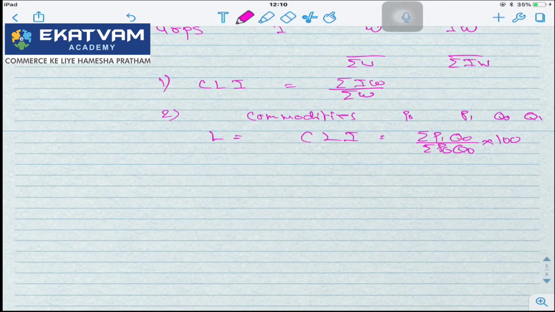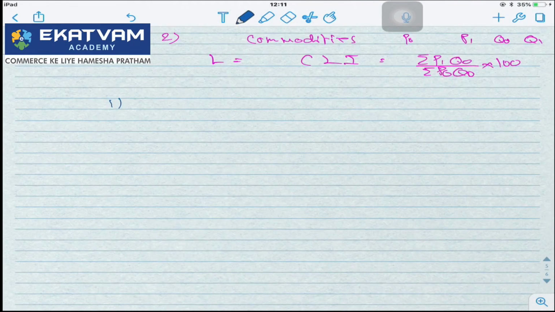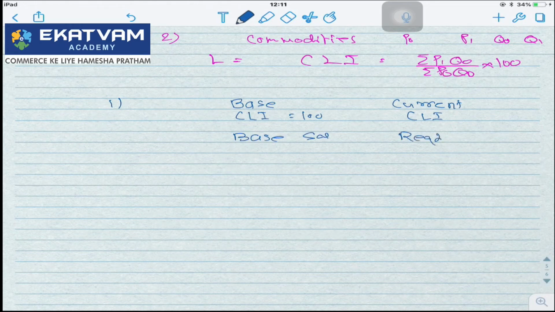But then as applications of this, as the first application, remember they will give you base CLI, and if not given then 100. They will give you current CLI, they will give you base salary, they will ask you required salary to maintain the standard of living.